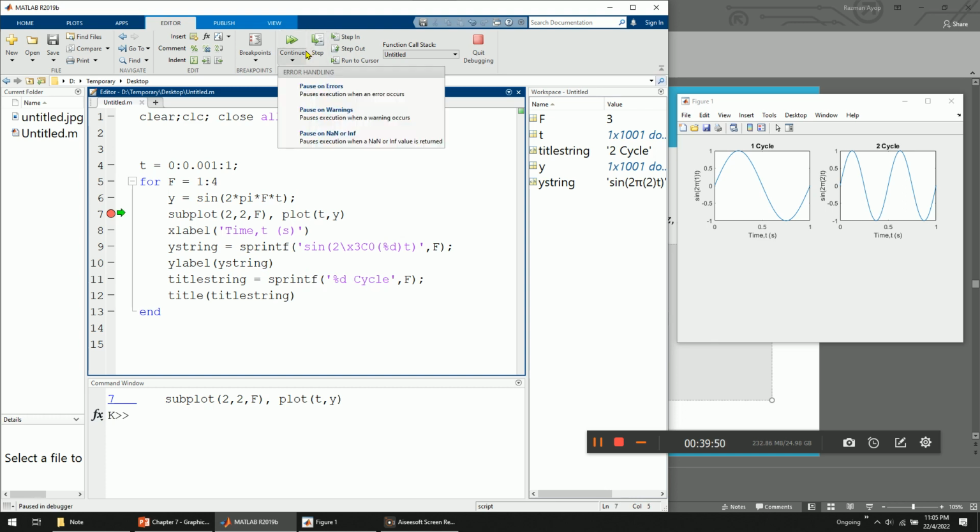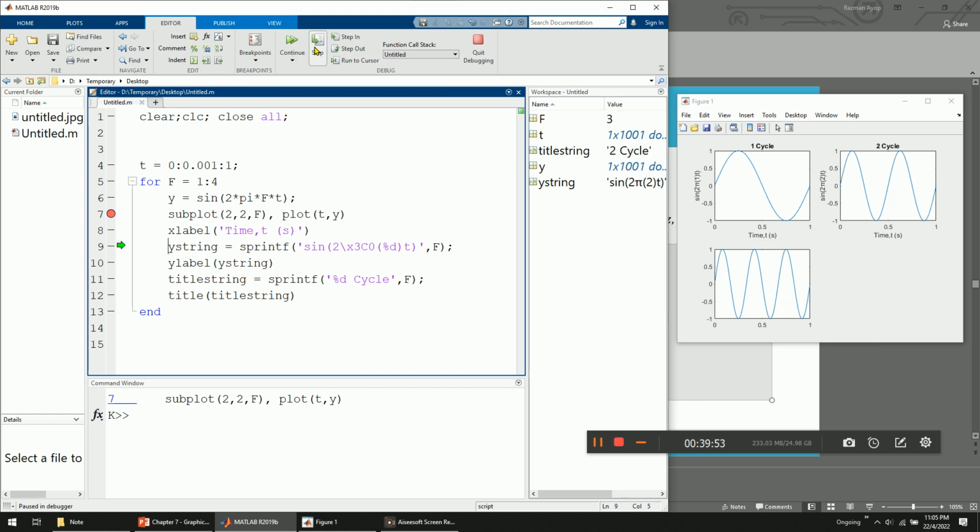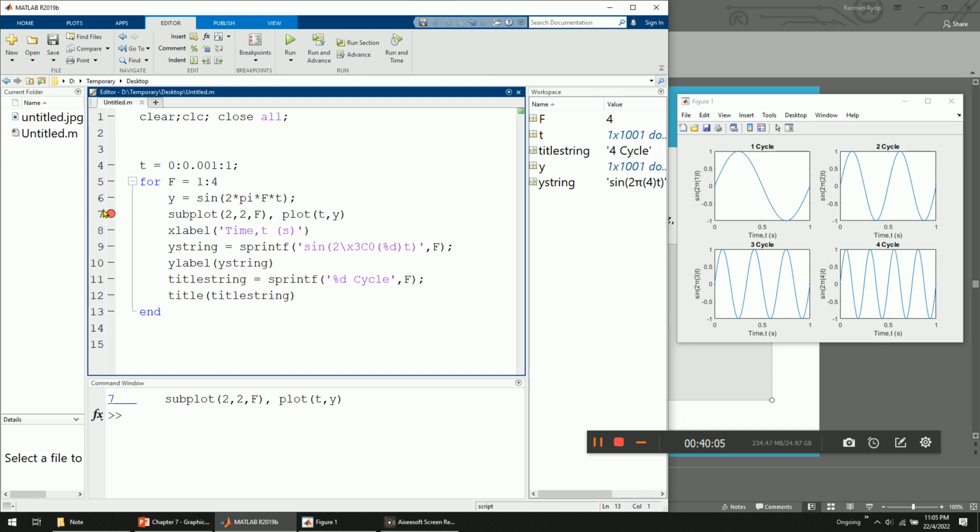Same here, and the last one. I hope you understand how this works. Basically you just manipulate the variable here to plot with sprintf. You have to recall back chapter 6, the previous chapter.